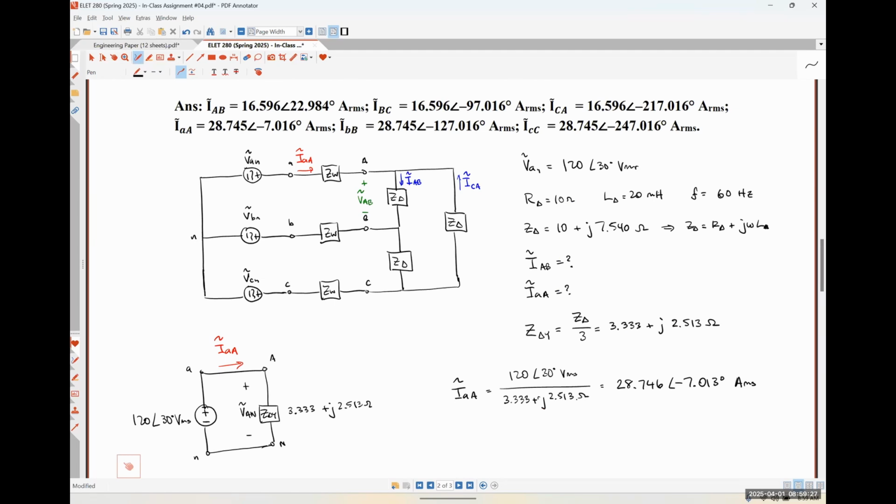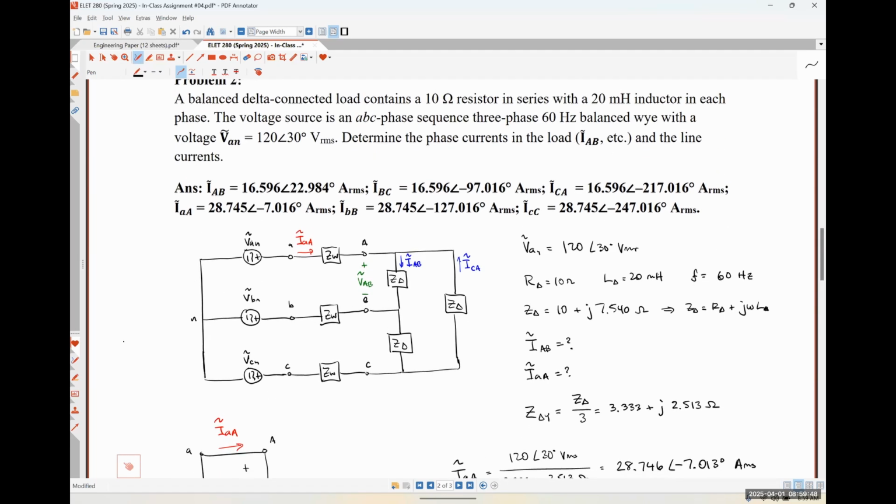The only transformation that you really have to know in order to analyze these systems is how to go from a delta connected impedance to a Y connected impedance. That's the only one that takes any time to derive. And that's literally just dividing by 3. So, all right. Any other questions about this particular problem?